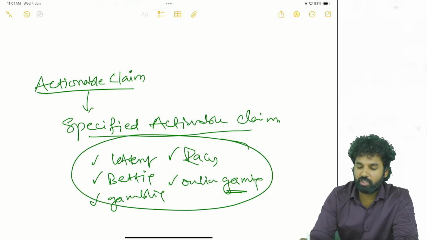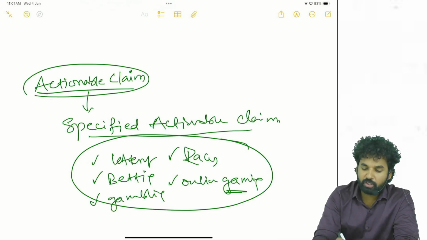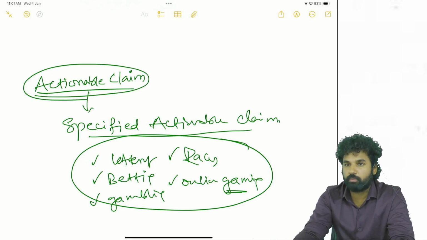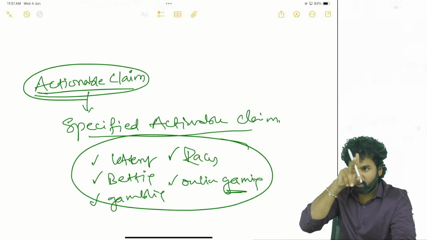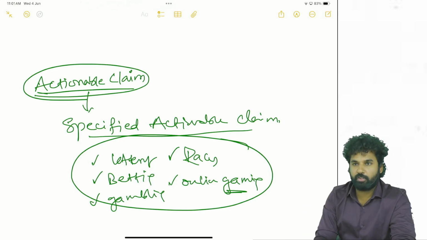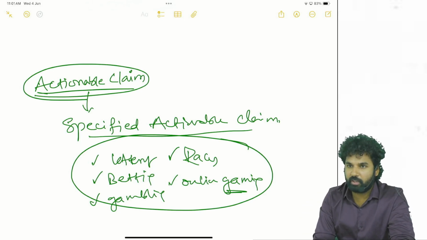Actually, all the actionable claims are under the definition of goods. But whenever you are dealing in a specified actionable claim, then only supply attracts, and it comes under the definition of supply.